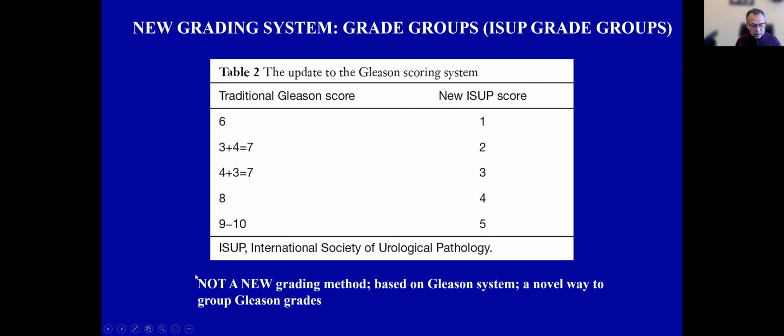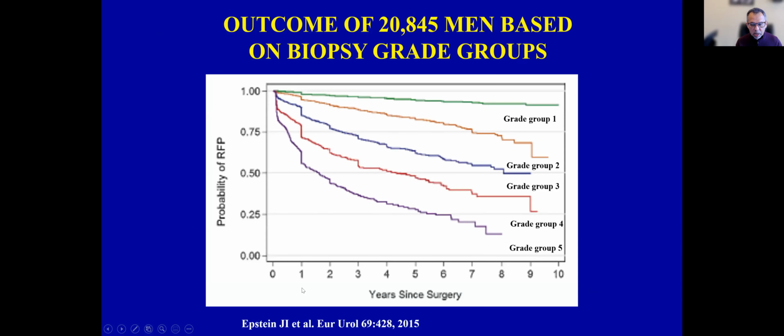But keep in mind that this is really not a new grading method. It is essentially a grading based on the modified grading system, a novel way to group the Gleason grades. It is not a specific criteria by itself to determine the grade.